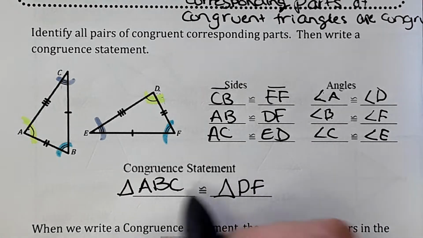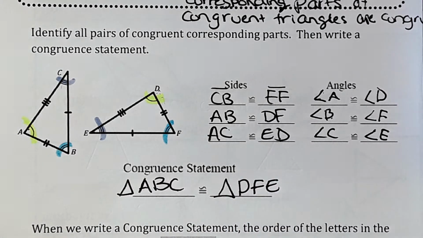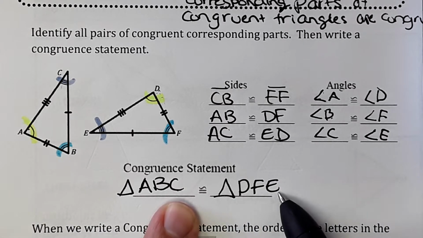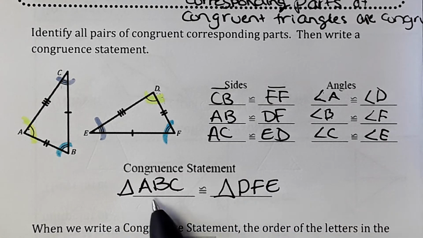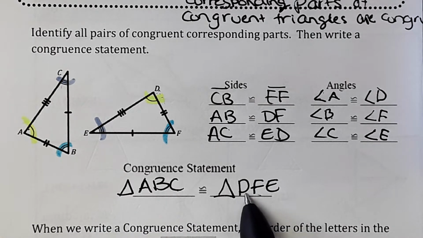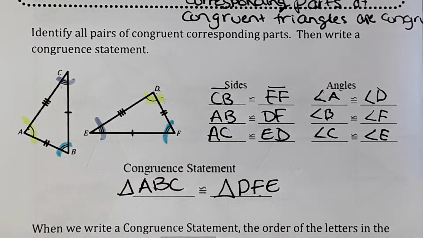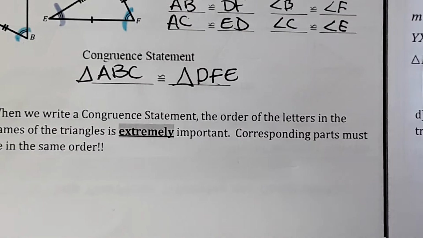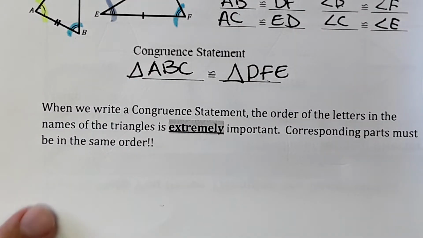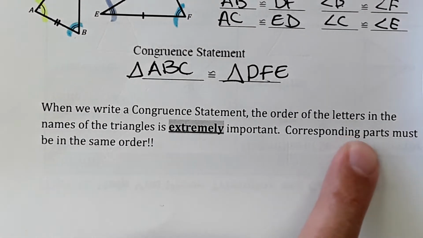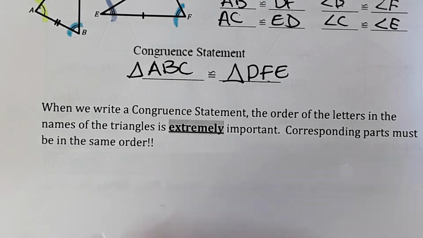And then if C is equal to E, we put E. Everything has to be in the same order so it corresponds. So if I'm just looking at this congruent statement, I can say angle C is equal to angle E because of the way it's written. Or I could say that segment AB is equal to DF just because of the way it's written. And if I look at the picture, yeah, AB equals DF. So when we write congruent statements, the order of the letters in the names of the triangle is extremely important. Corresponding parts must be in the same order.